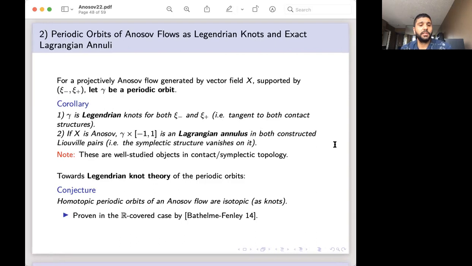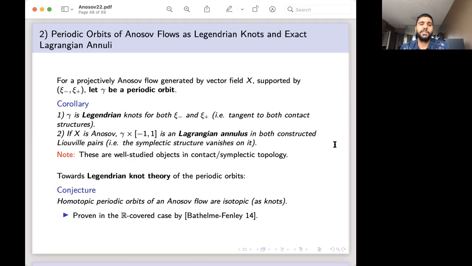I should mention that this is proven in the R-covered case by Barthelemy and Fenley. An Anosov flow is called R-covered when the lift of both the stable and unstable foliations to the universal cover are just the product foliations, or the trivial foliations, of R3.